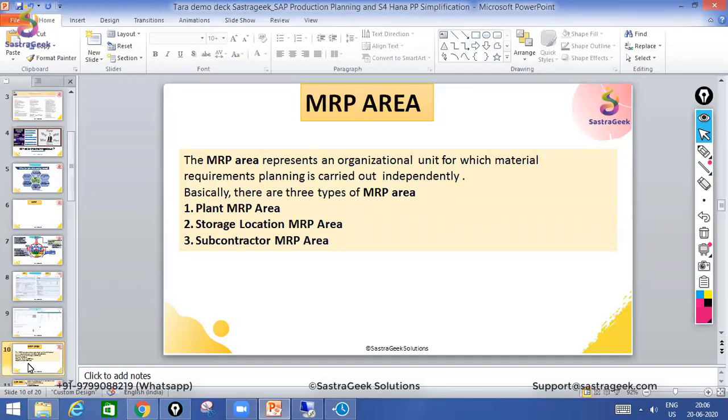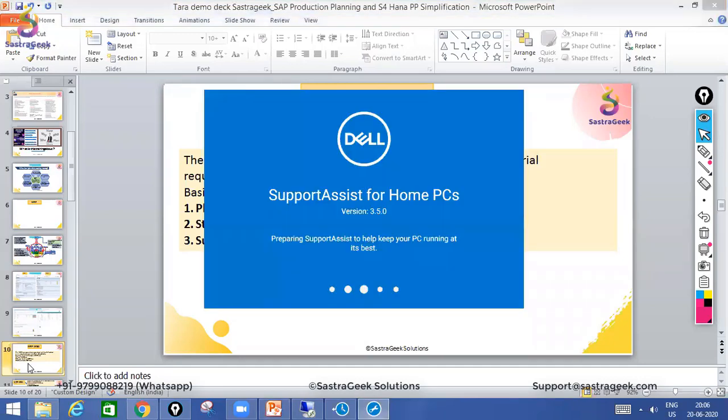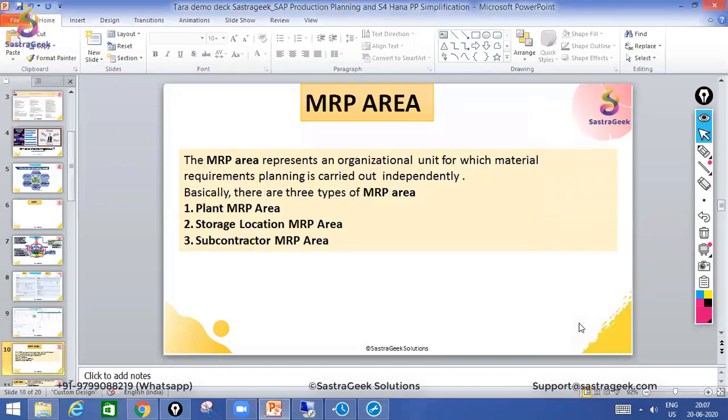Now with this definition, if you try to correlate with our last session, the MRP area is nothing but our plant, because in our last session we saw we are able to run our material requirement planning with respect to plant, and in MD01N we are able to run MRP for multiple plants at a time, right? So MRP area is an organizational unit for which material requirement planning can be carried out independently.